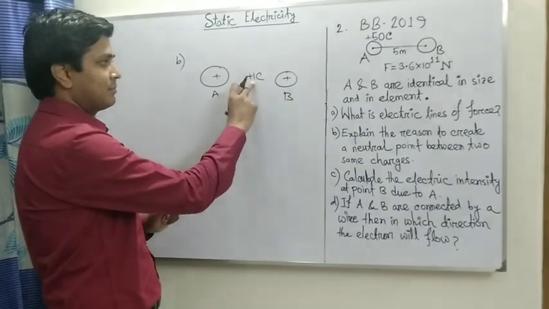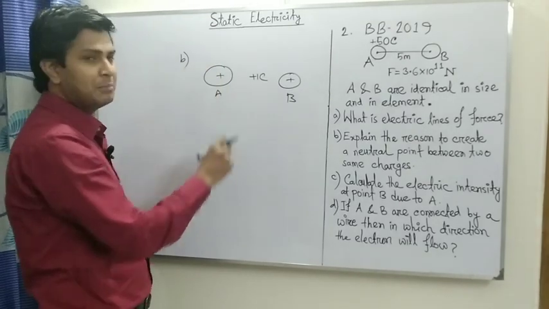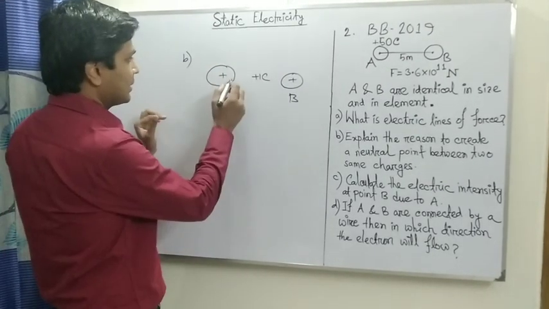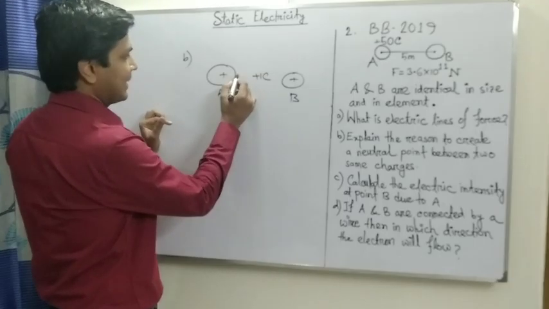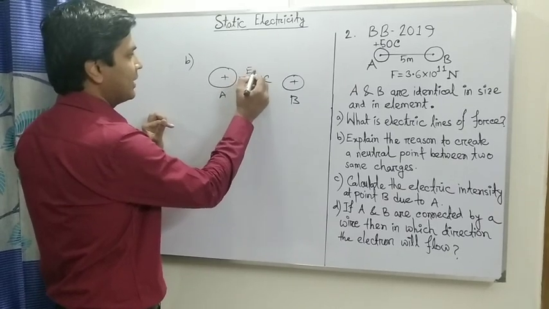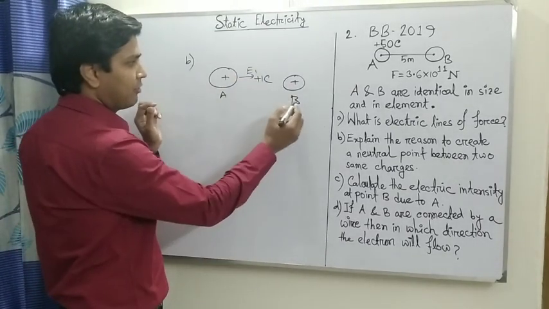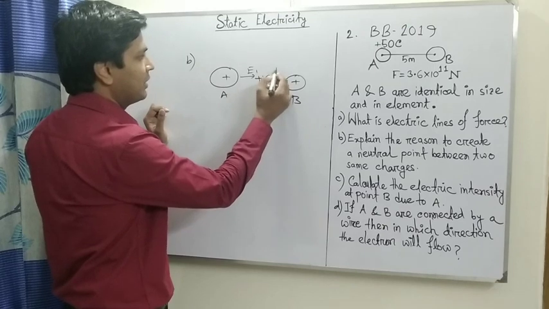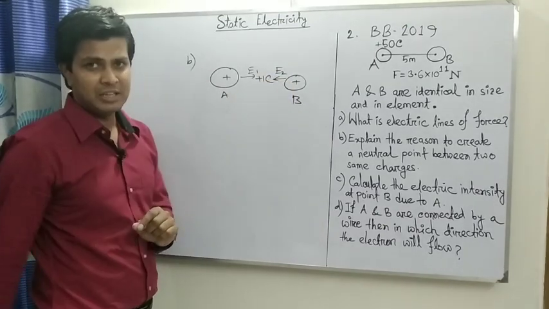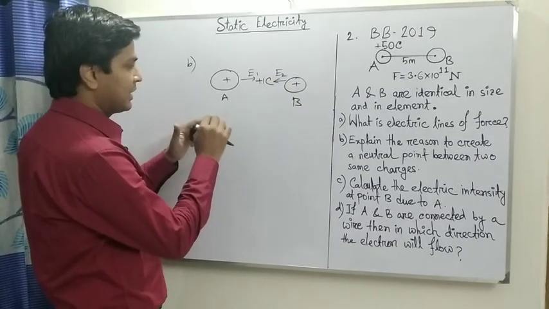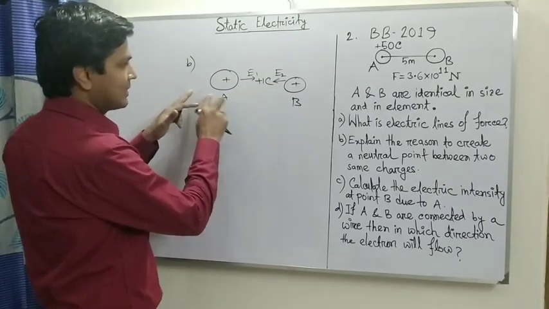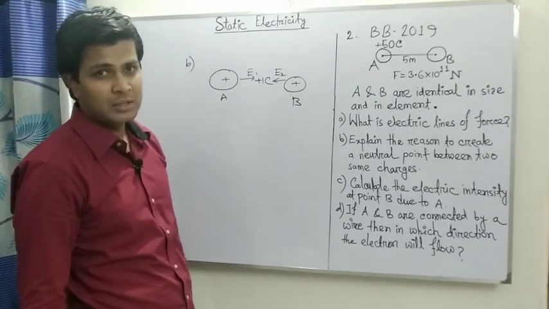If we place that charge in the middle between the two charges, suppose from charge A that charge feels E1 electric intensity, and from B that test charge will feel E2 electric intensity, and the electric intensity will be equal because the amount of charge is equal.